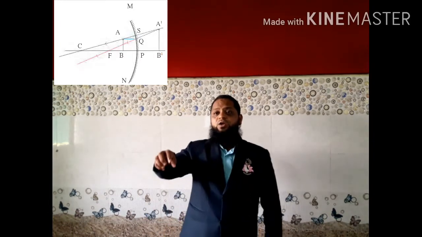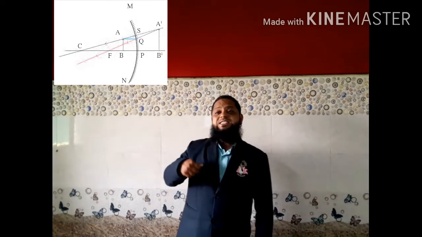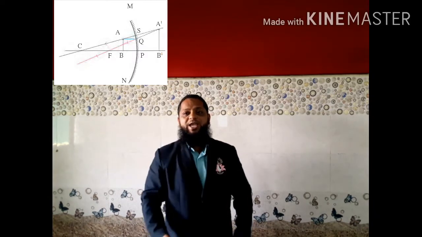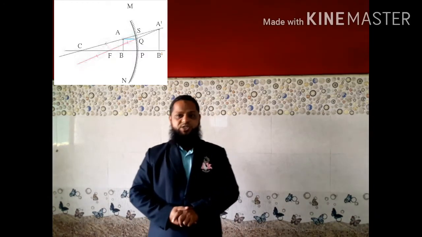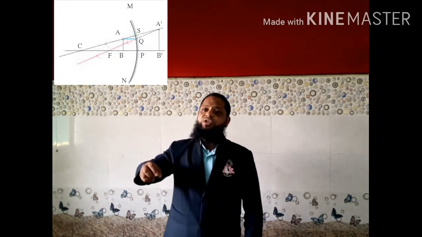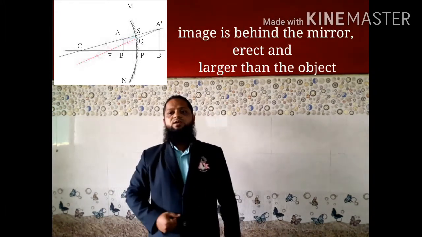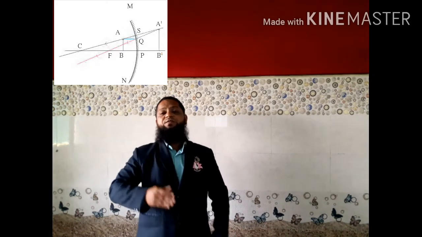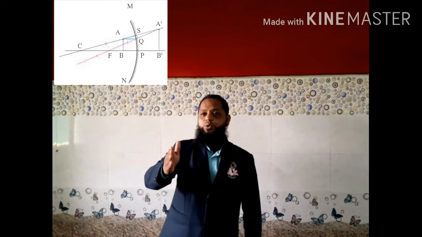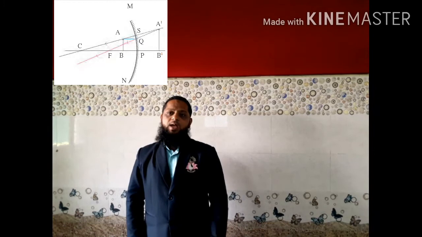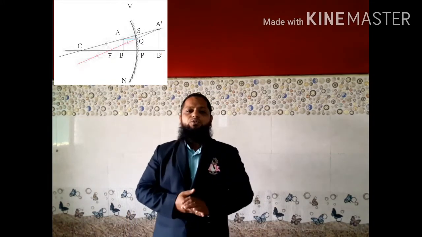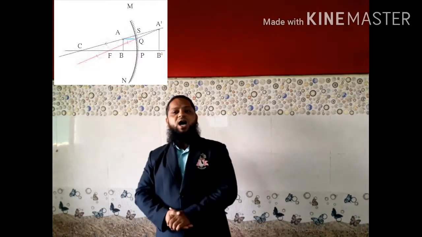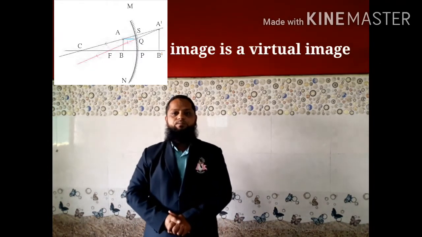The figure shows how these rays get reflected and form the image A1B1 of the object. This image is behind the mirror, erect and larger than the object. The reflected rays do not actually meet but appear to come together behind the mirror. The image is a virtual image.